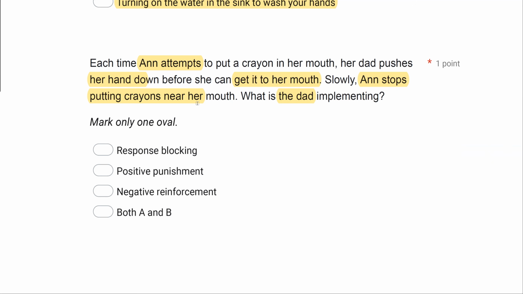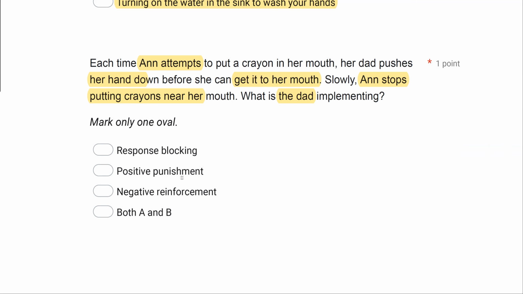Response blocking occurs when we prevent a response from completing. In this case, Anne is trying to put the crayons in her mouth. The dad is pushing the hand down over and over before she can get to her mouth. He is response blocking. Response blocking is not extinction. Response blocking is a type of punishment procedure. So what the dad is doing is response blocking, but he's also initiating positive punishment.